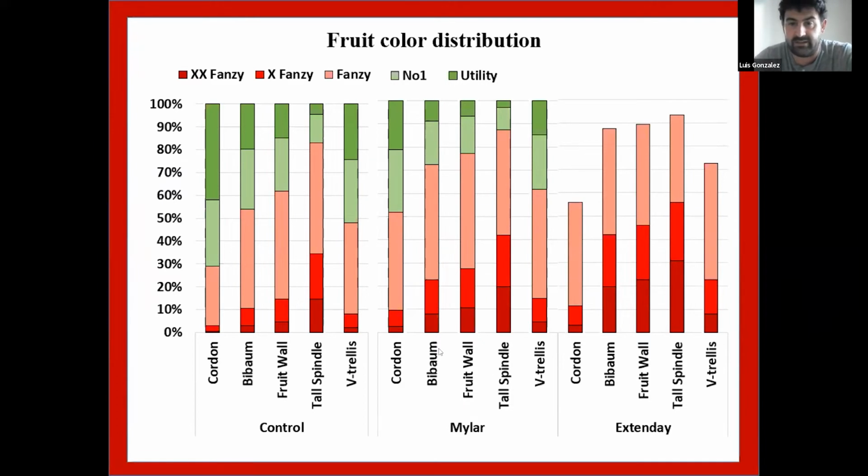In this case, the extra fancy classification for V-bound and fruit wall here is near 40% of the yield with extra fancy, and here is 20%. At the end, extended increases 20% with respect to the control, and mylar 10% of the yield with extra fancy classification.